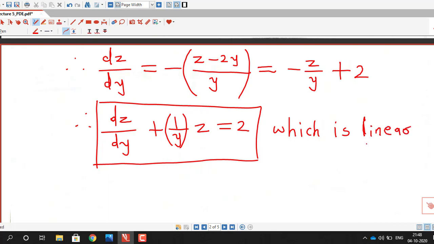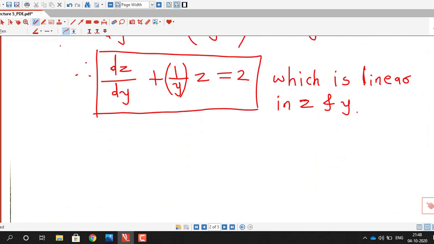So how to solve this first order linear ordinary differential equation?